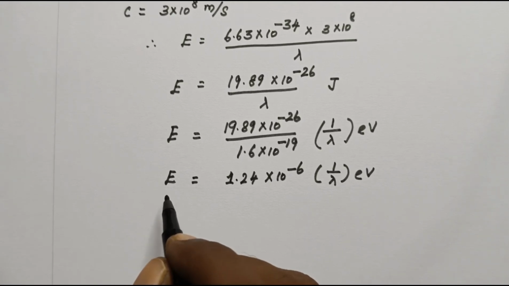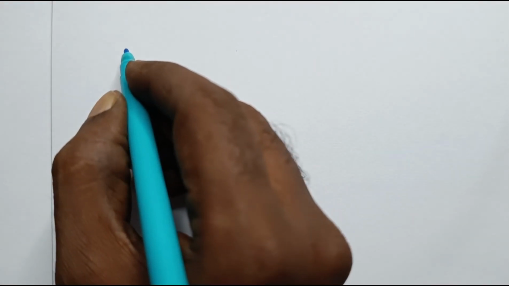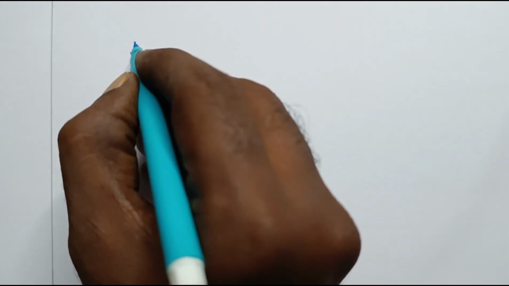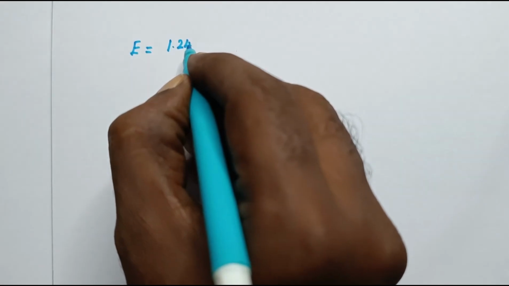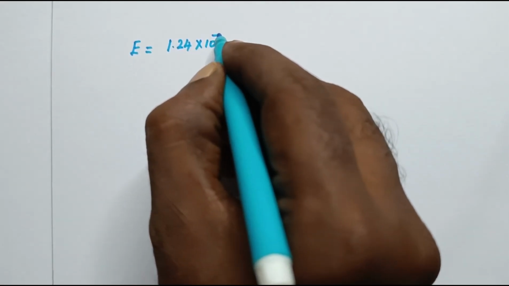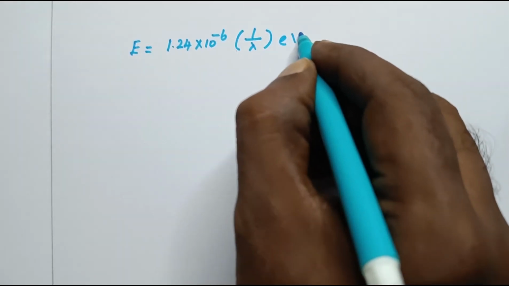Let us see two examples how to calculate the energy of photon corresponding to two waves in the electromagnetic spectrum. Already we have calculated the energy of the photon. The energy of a photon can be written as E is equal to 1.24 into 10 to the power minus 6 1 by lambda electron volt.